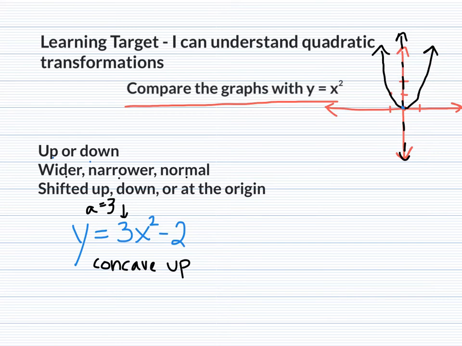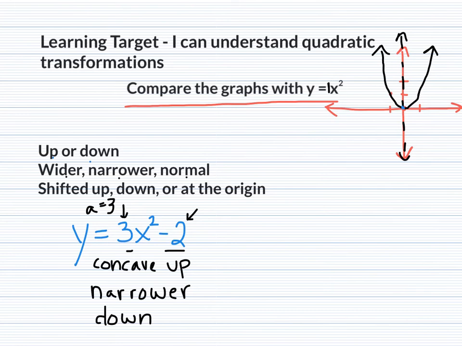Normal has that A of 1 right up here, 1. So since 3 is bigger than 1, it's going to be narrower, which is contrary to what we want to say. But because every value is getting multiplied by 3, it's going to be tighter, okay? And this -2 here shifts the whole thing. This is where the vertex starts. So that's going to move it down, shifts down.